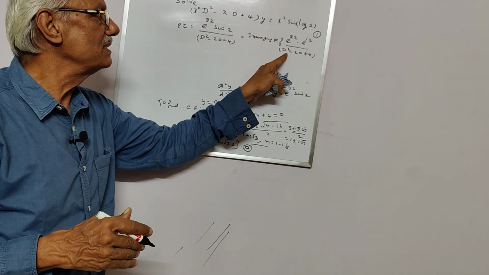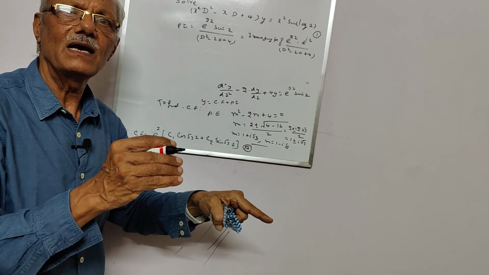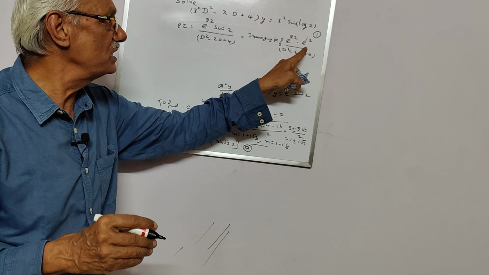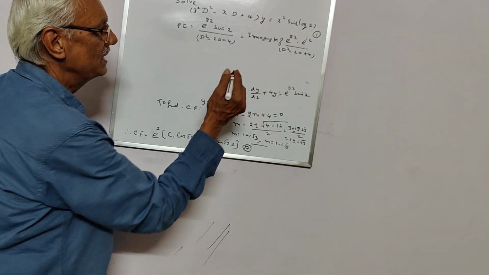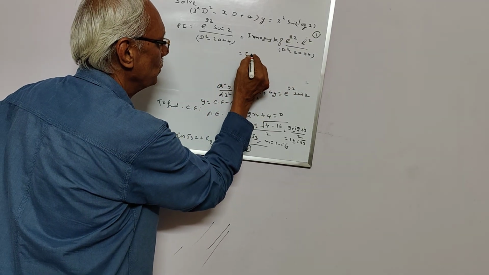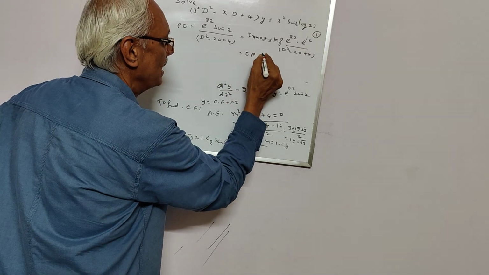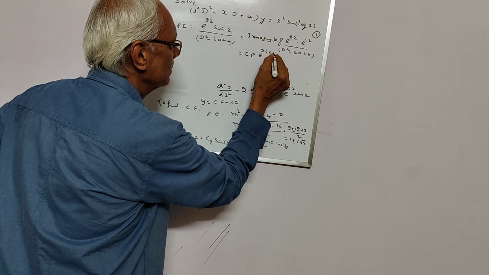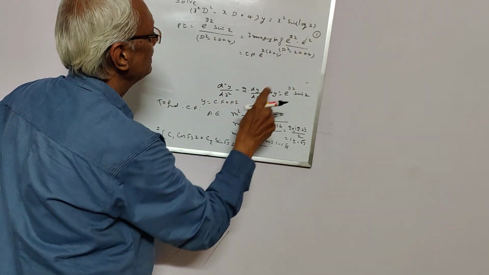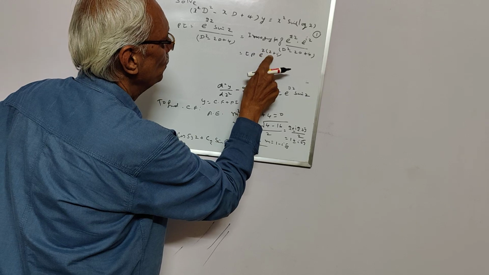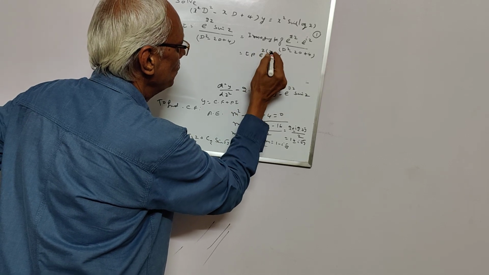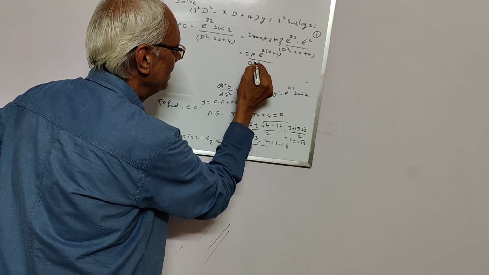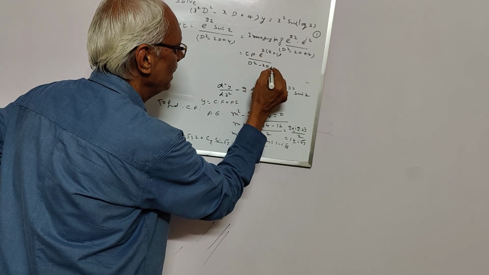Because you are going to replace this d by the coefficient of z here. What I mean is, so this is equal to the imaginary part of e to the power of z into 2 plus i, that is, e to the power of 2z into 2 plus i divided by d squared minus 2d plus 4.